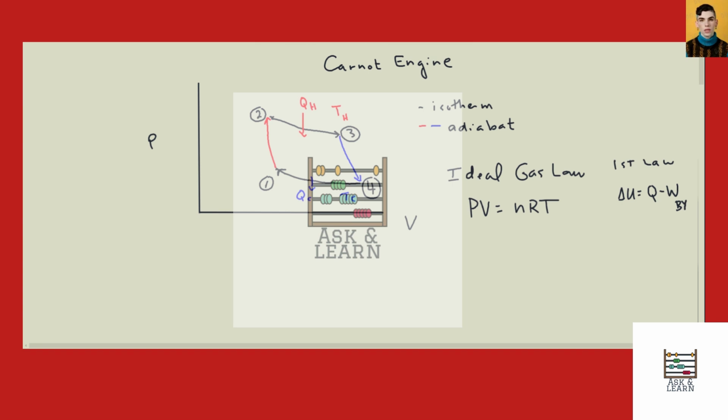For processes or cycles that involve adiabatic processes, it is also good to realize that pressure times volume raised to the adiabatic exponent is equal to a constant. A reminder that the adiabatic exponent is a ratio of Cp to Cv and depends on the nature of the gas. Here, we are given that this constant is 1.3.